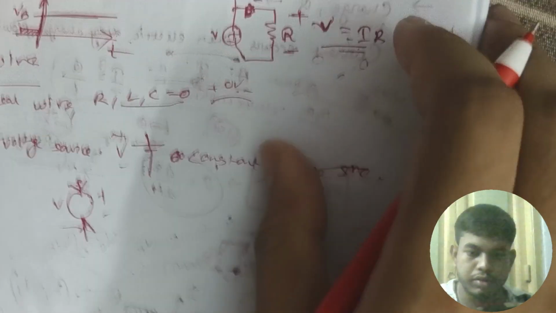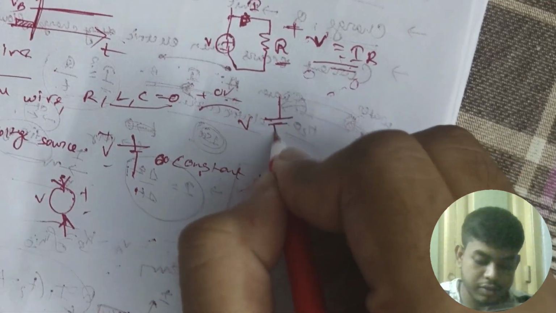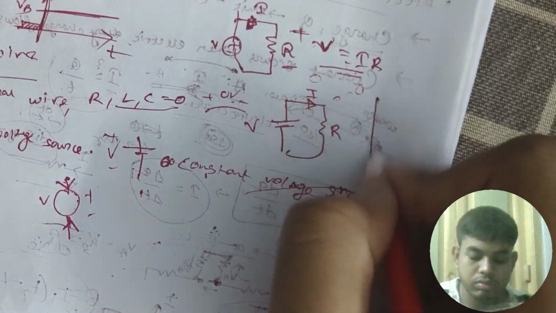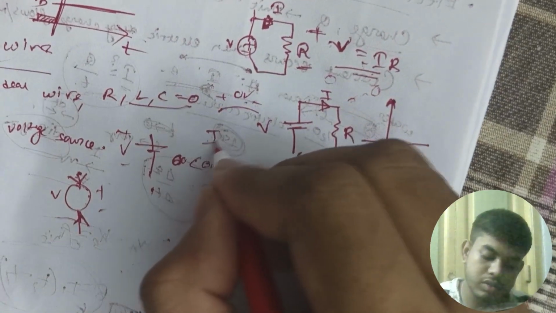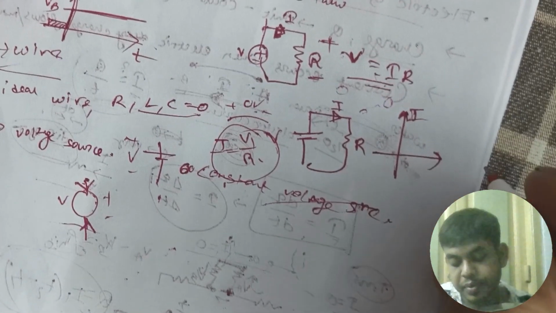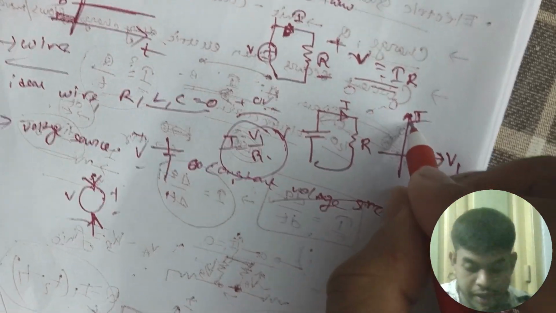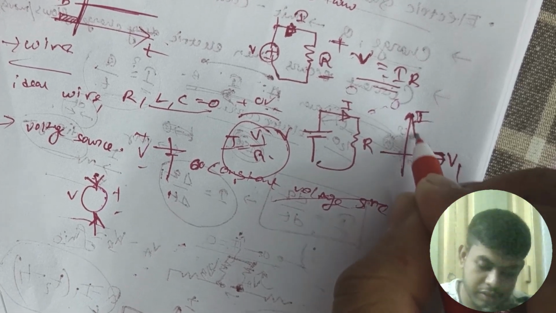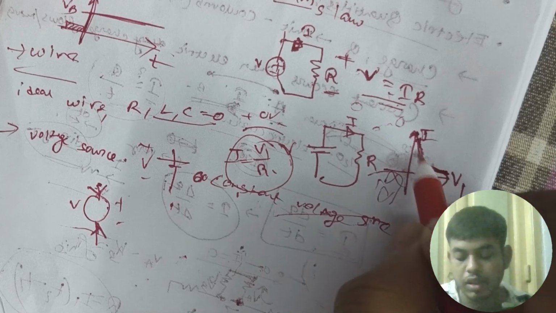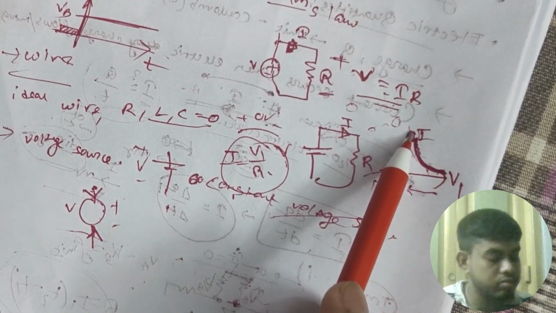Let's understand it more. Suppose this is a constant voltage, and current I is flowing through the resistor R. From Ohm's law, I is equal to V1 by R. Let's draw the graph of dependent I and independent V1.